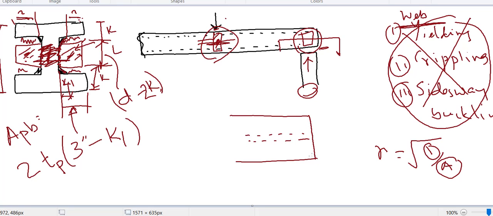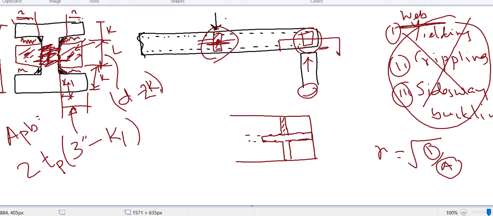This is the end of the beam, and I am inserting a plate here, and some part of the web will work as a column.